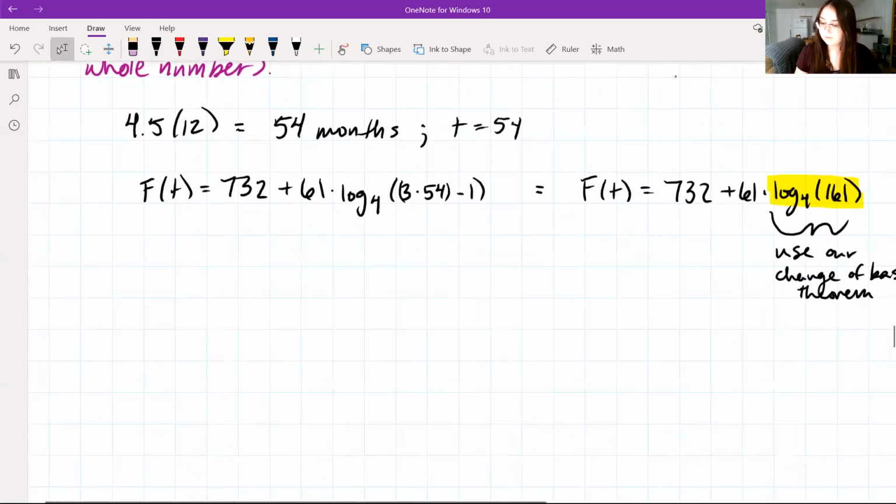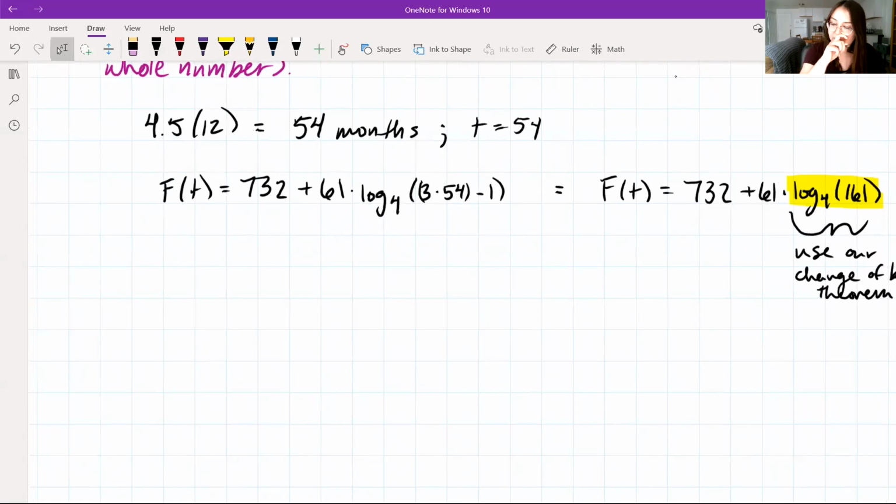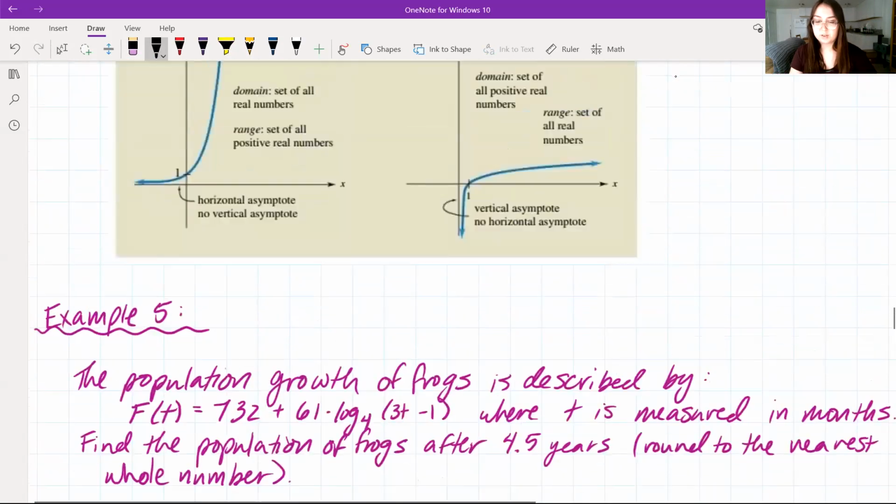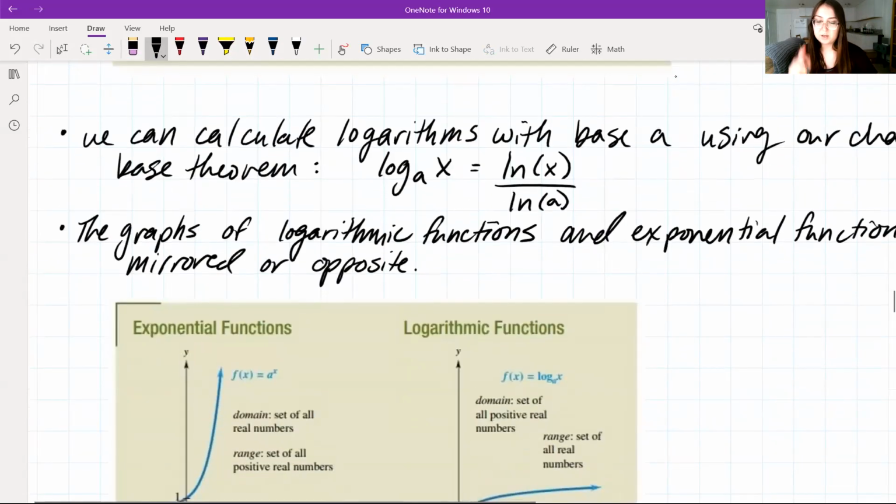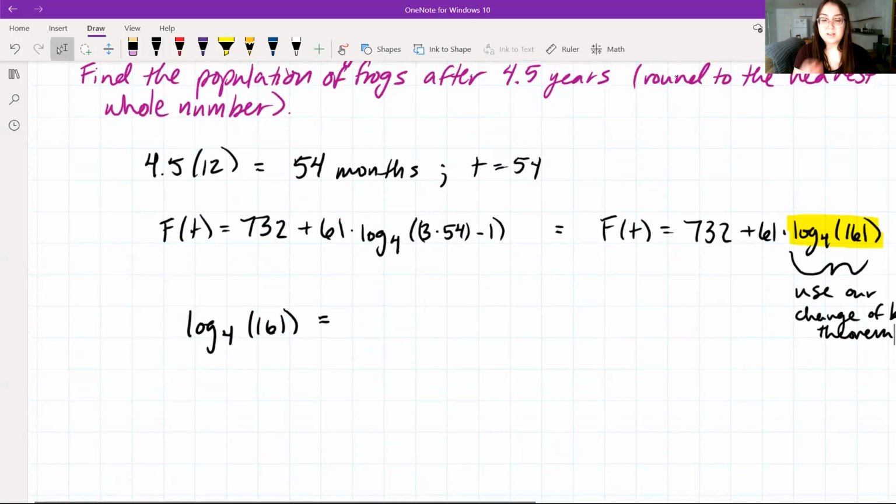Let's write it over here. We know log base 4 of 161. Using our change of base theorem, which we defined earlier, log base a of x is equal to the natural log of x divided by the natural log of a. In this case, 4 is a and 161 is x.